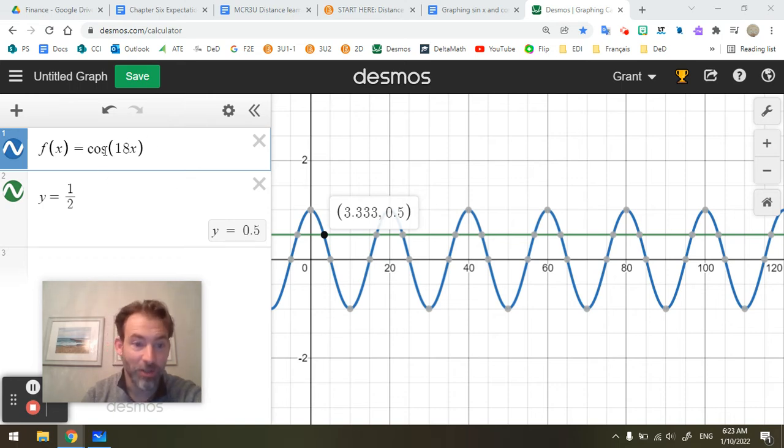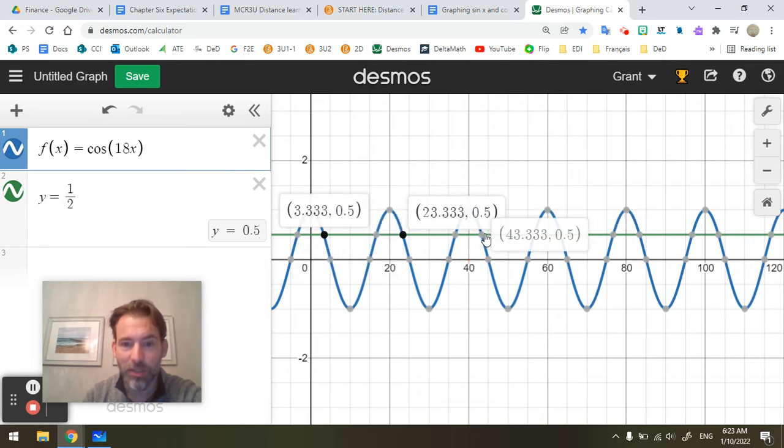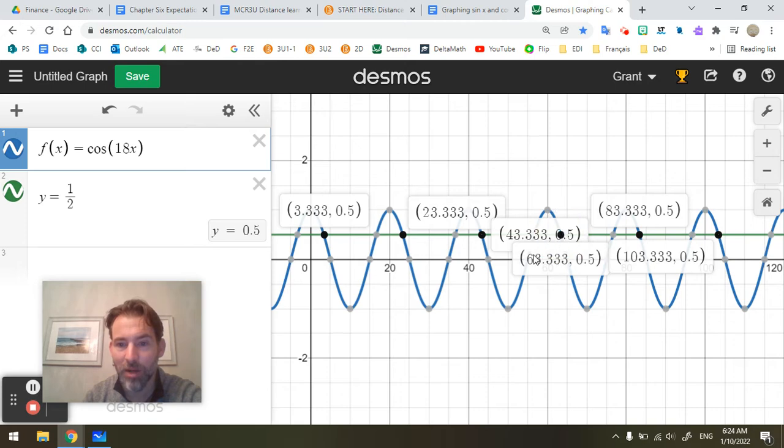We saw up here that this function has a period of 20. So if I add the period to that 3.3, I should find another solution over here at 23.3. And then I'll find another solution at 43.3 and 63.3 and 83.3, all of these different points, all separated by the period. They're all separated by 20, and they all have this 3 1/3 added to them.